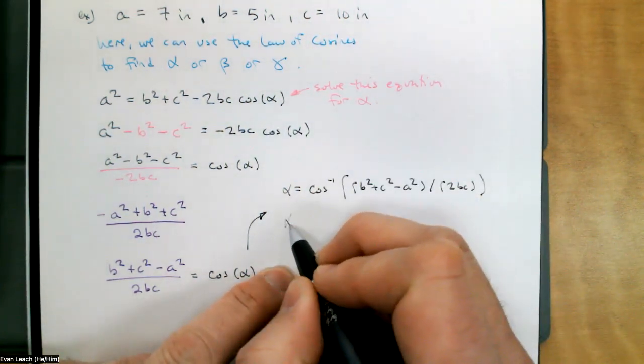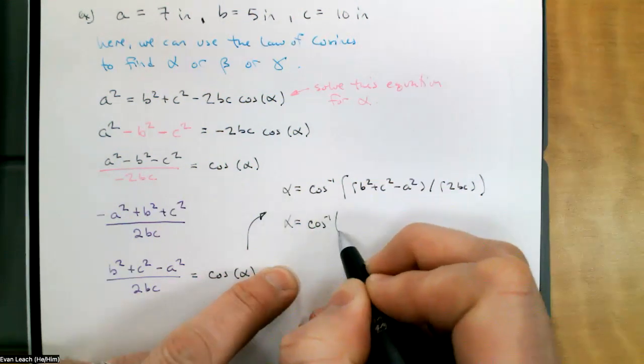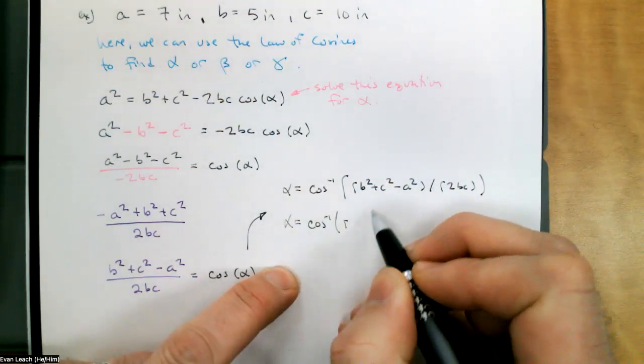So we can find alpha by doing the cosine inverse of the numerator, which is b squared plus c squared.